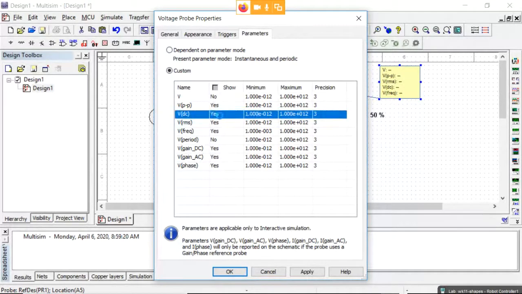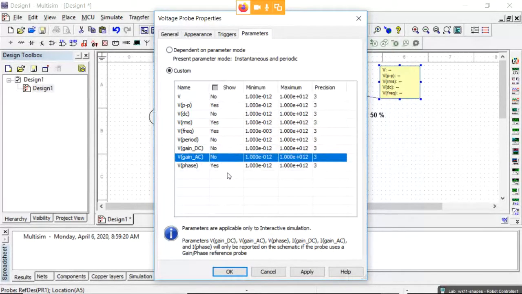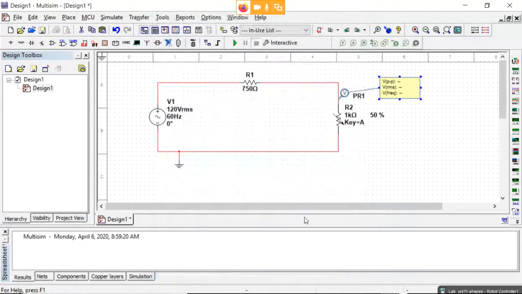We're not using DC, so I'm going to turn that off. If you want, you can do peak to peak and RMS, and you can leave the frequency there if you want. I'm going to shut those off, but I do want to see the gain also. So here we've got the peak to peak, the RMS, and the phase angle. It says frequency there.